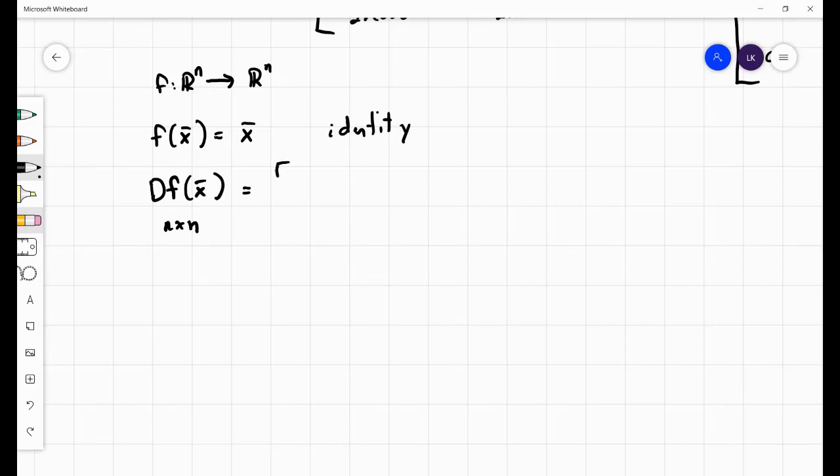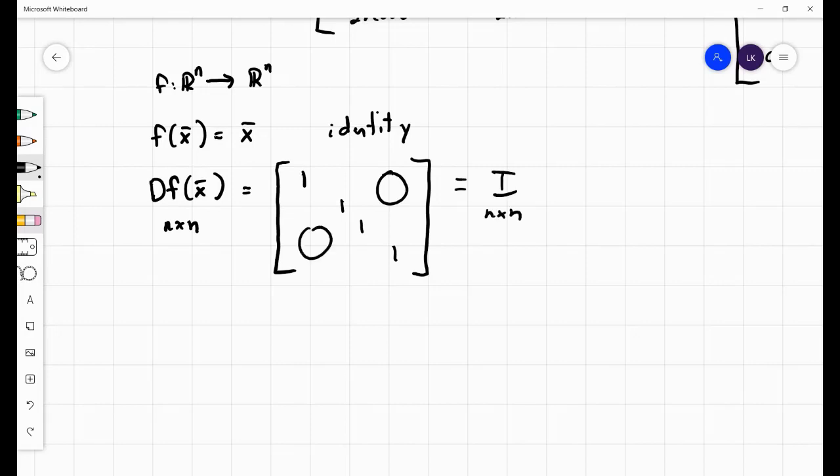And if you had to guess, what do you think this matrix will be, since we have an identity mapping? That's supposed to be the I matrix, right? Okay, good. It's the identity matrix itself. So it's just all ones in the diagonal and 0 otherwise. It's the n by n identity.